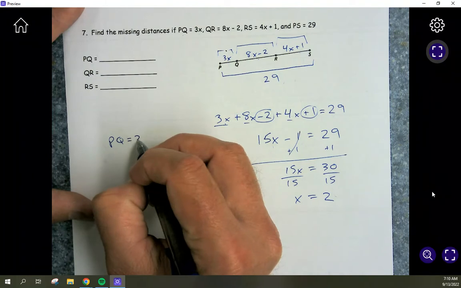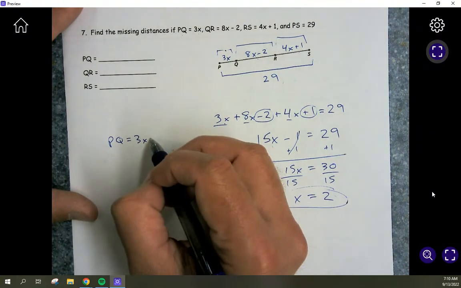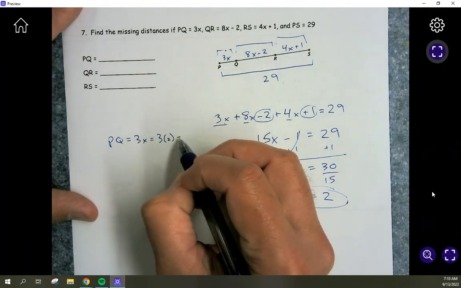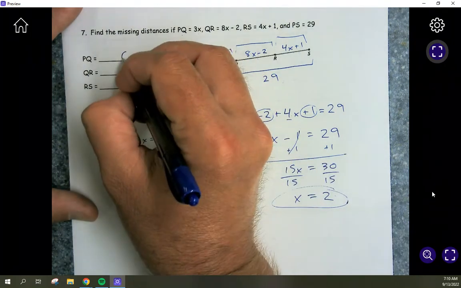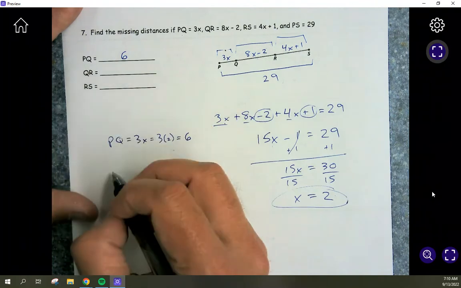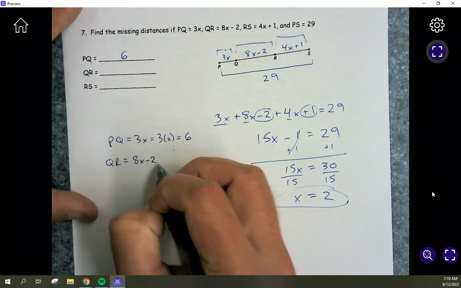Now I haven't answered the actual question yet, so let's go back and solve. PQ is equal to 3x. Well, we just found out x equals 2, so we're going to plug it in. 2 goes in for x. 3 times 2, so PQ equals 6. QR, that's equal to 8x minus 2.